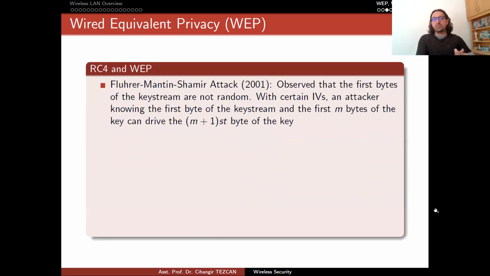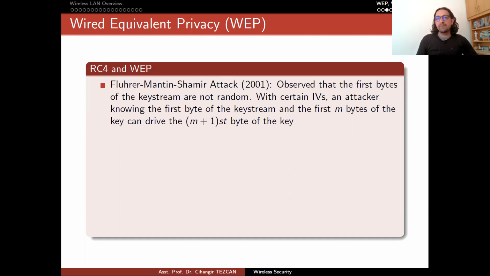Using these weaknesses and the non-randomness property of RC4, one of the best attacks was due to Fluhrer, Mantin, and Shamir. They introduced this attack in 2001. They observed that the first bytes of the key stream are not random.